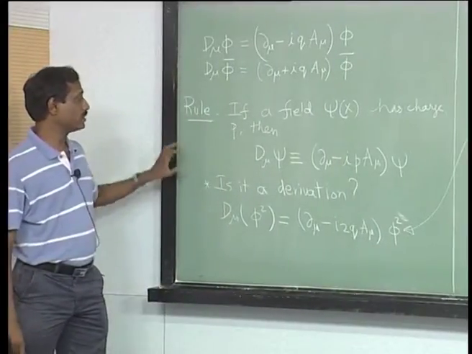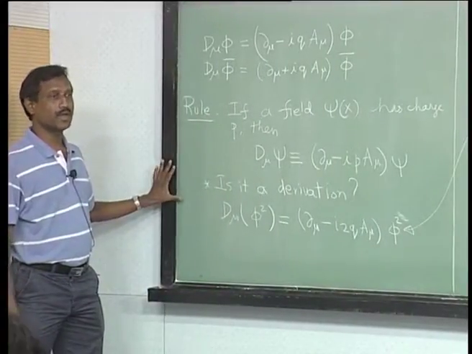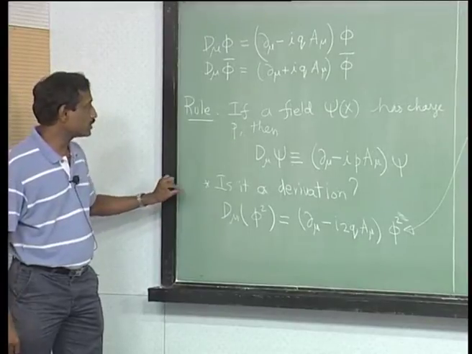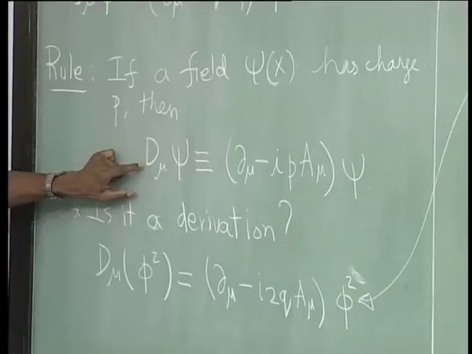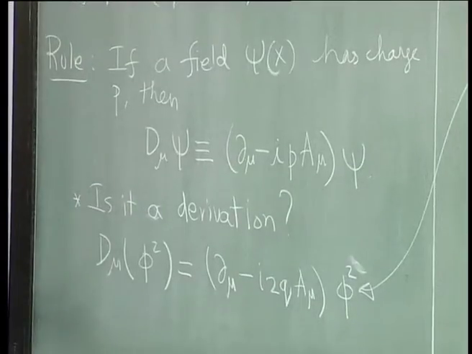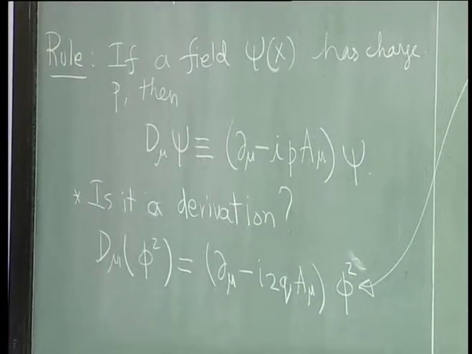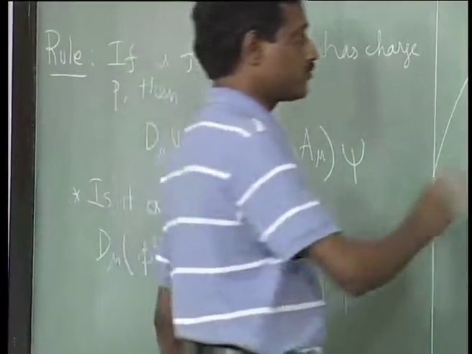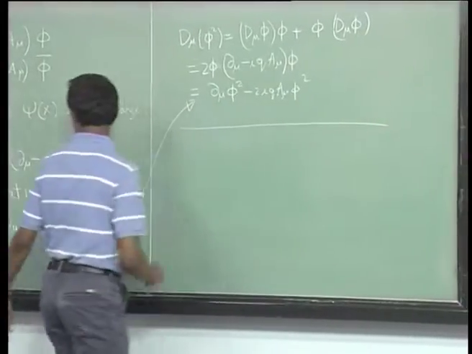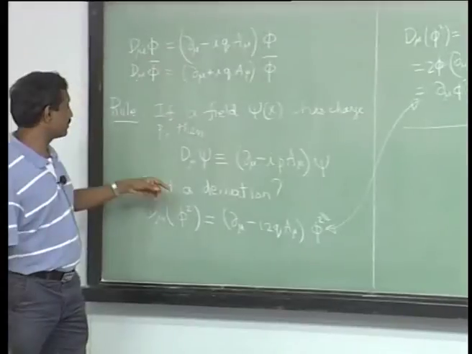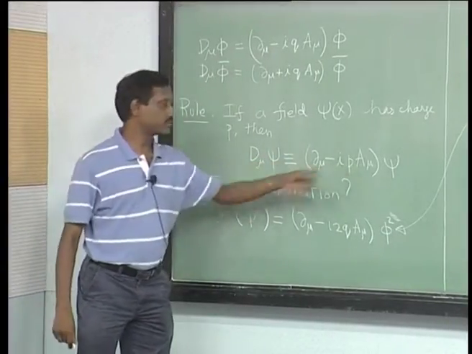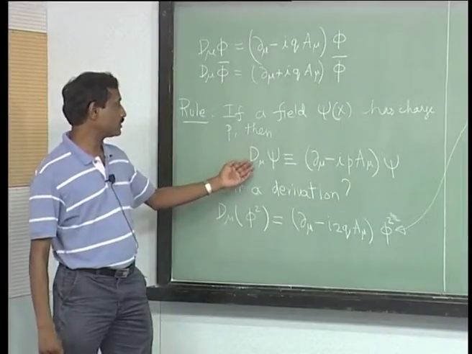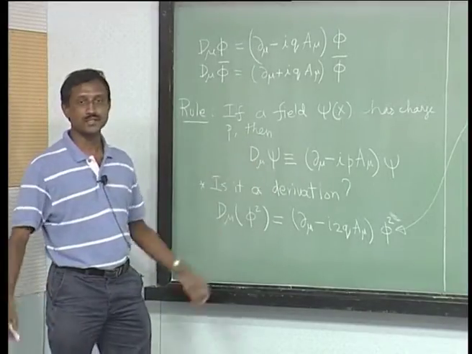So, the Leibniz rule is valid, but like I pointed out, the covariant derivatives do not commute. That is the property which we give up by going to the covariant derivative. So, we have to check. Instead of picking one of these things, I will just choose an arbitrary field psi with charge p and act on it with D mu and D nu and ask what you get.